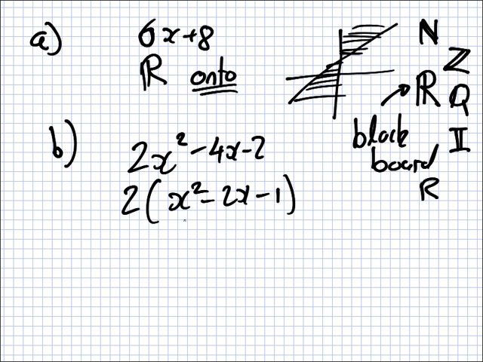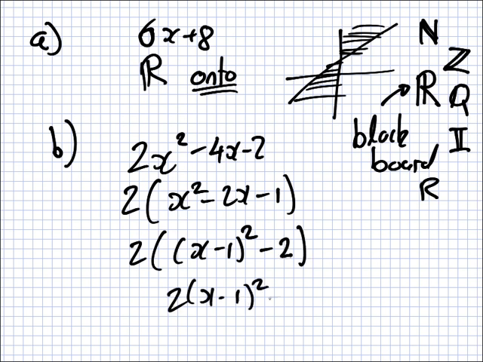But what do we do with this? x minus 1 squared, minus 2, which is 2 times x minus 1 squared minus 4. If you draw this, it's always bigger than minus 4.